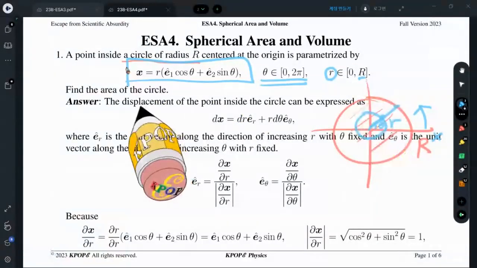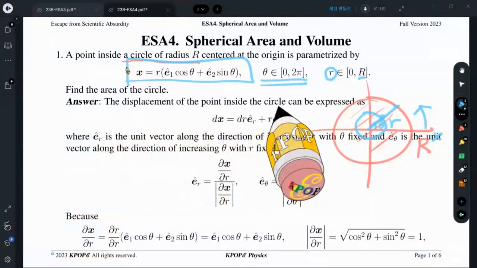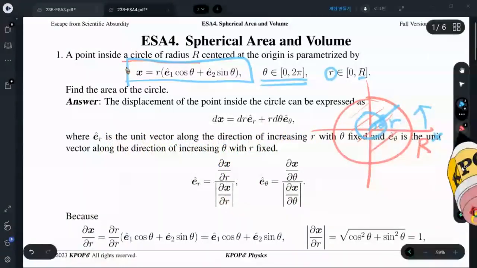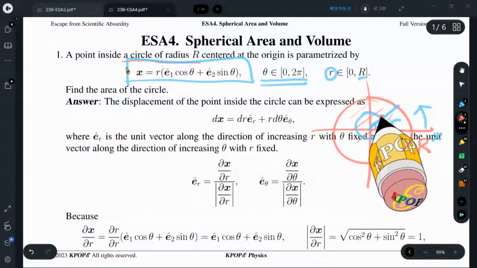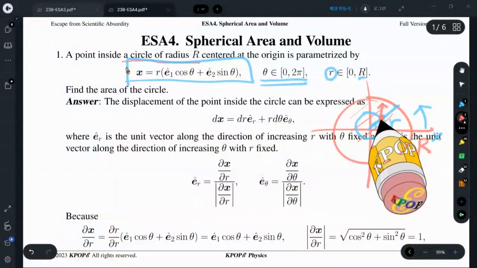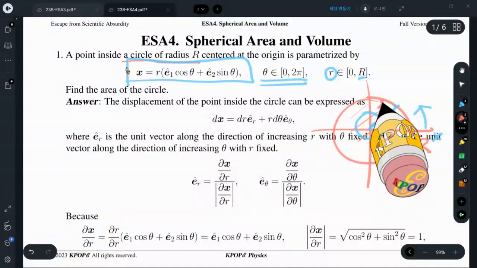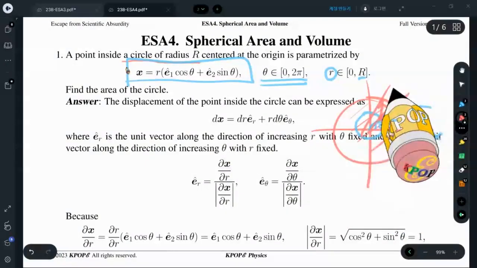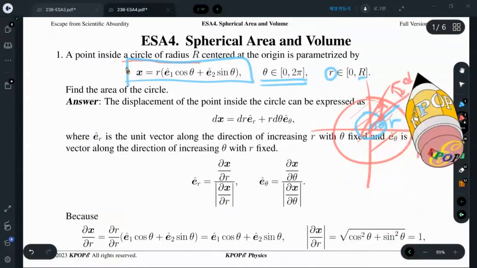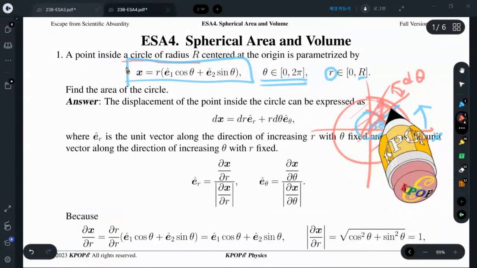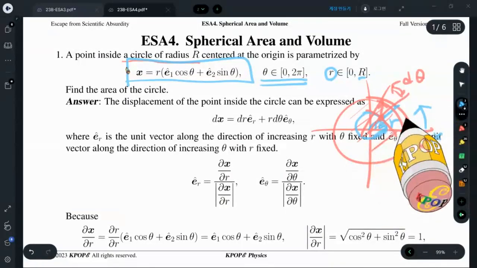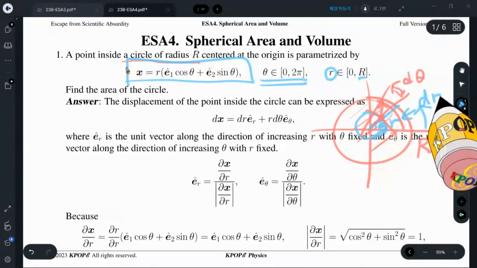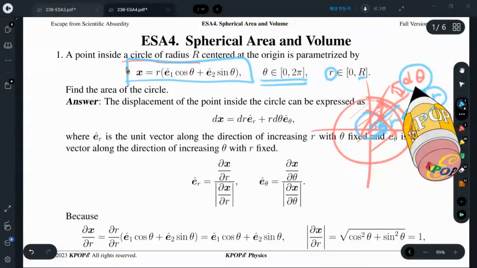Okay, what is the displacement of the point inside the circle? I'd like to introduce a small displacement from a certain point to another. And we will find there is a shift in the angle, theta, and there is a shift in the radius, that is r.